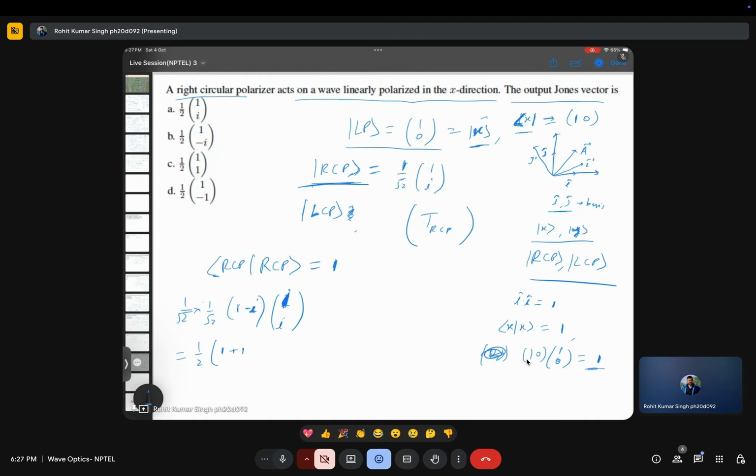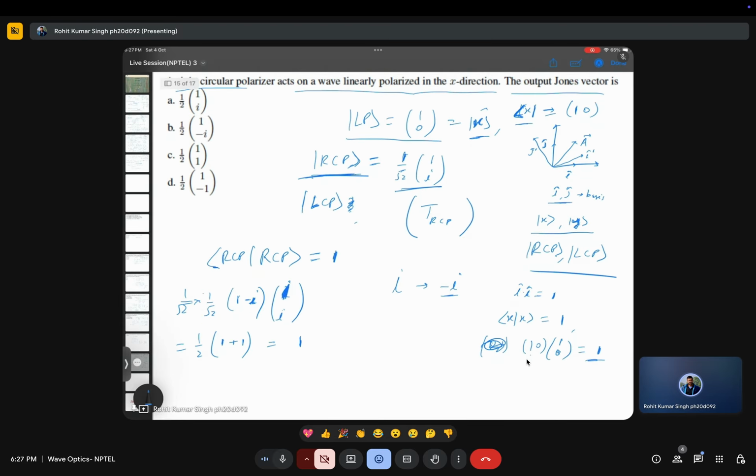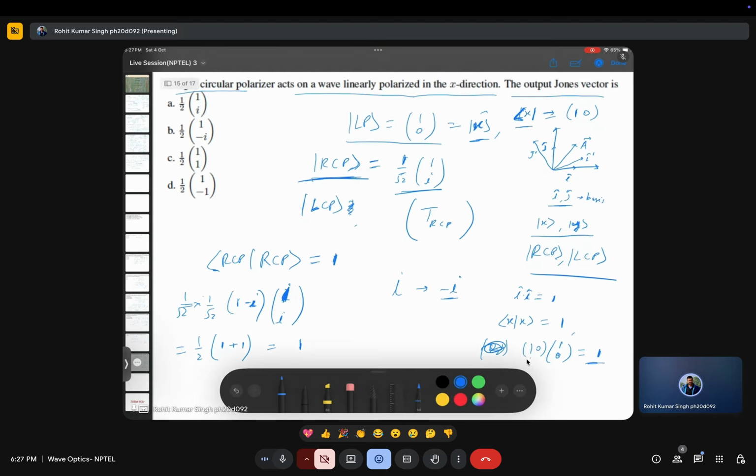So 1 plus 1, so you get 1. The complex conjugate of i is minus i. So when you take a conjugate matrix of this, you have to use minus i instead of i. These are things from linear algebra, and when you study quantum mechanics, these things will be much more clear. But I don't want to teach you linear algebra here.